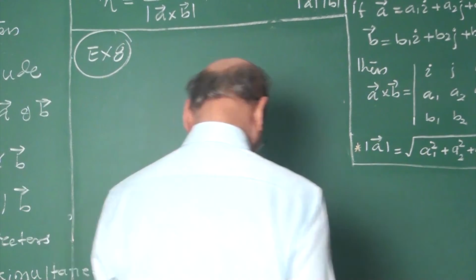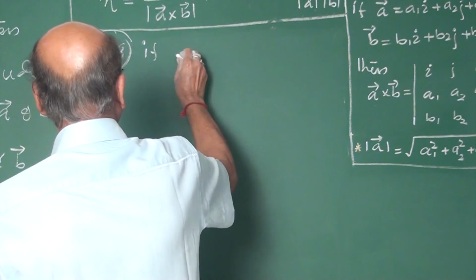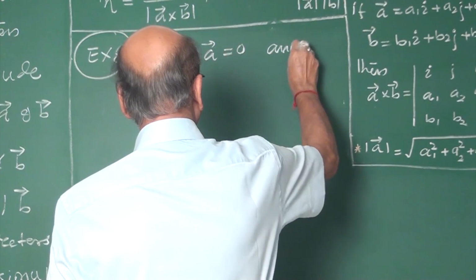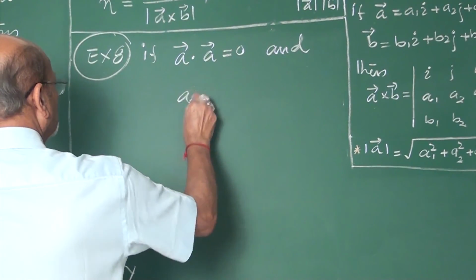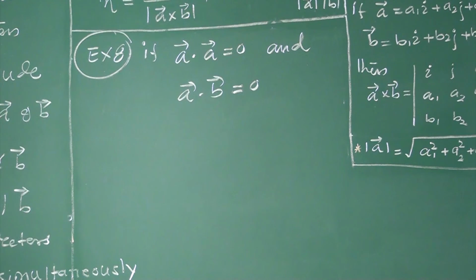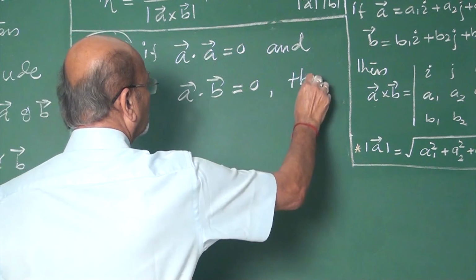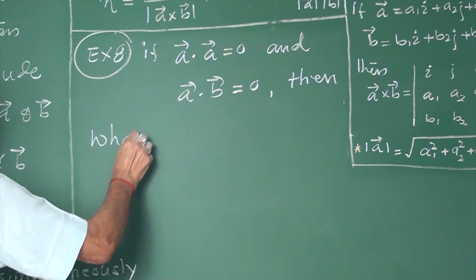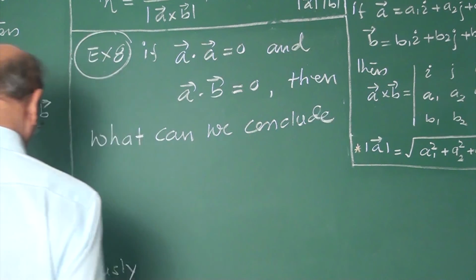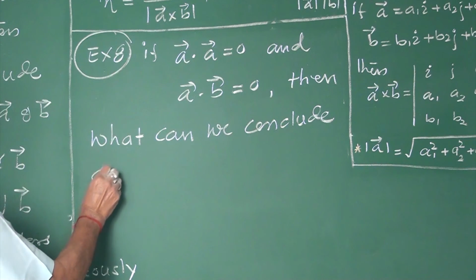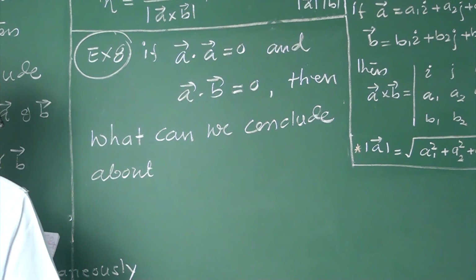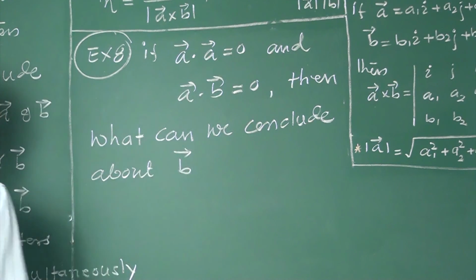If A dot A is 0 and A dot B is 0, then what can we conclude about the vector B?